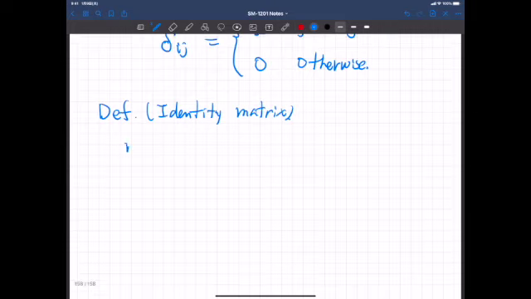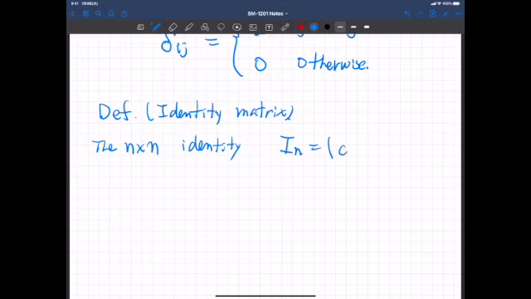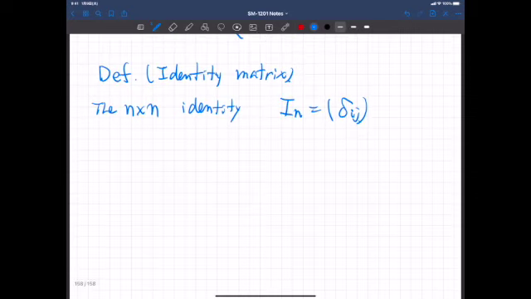The n by n identity matrix is written as I_n, whose elements are Kronecker's delta. So this means when i and j are equal, it is 1. If i and j are not equal, then it is 0.